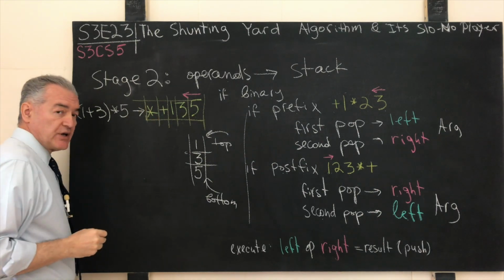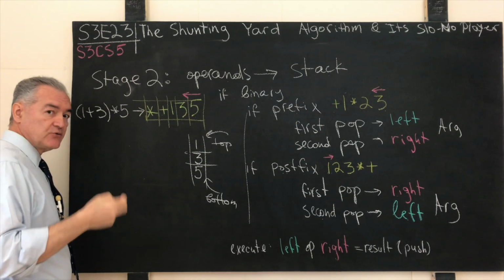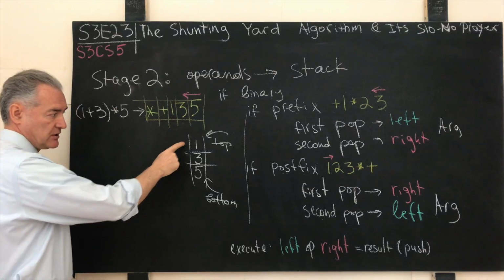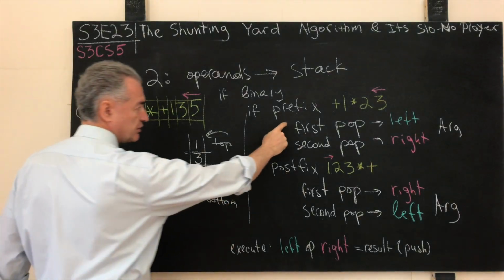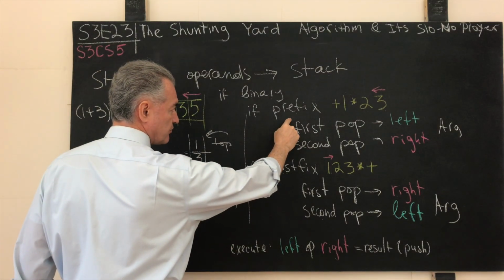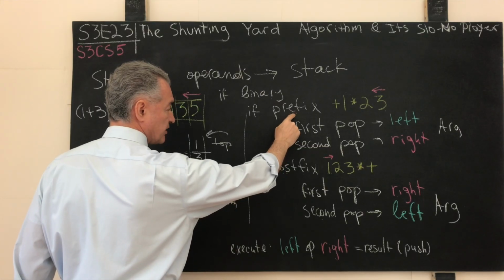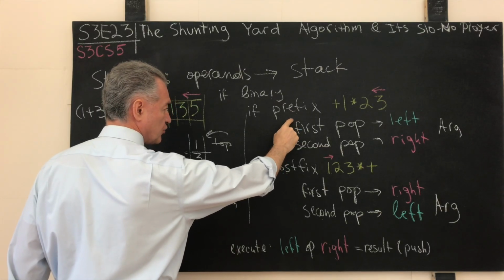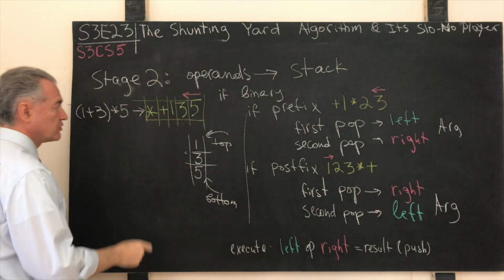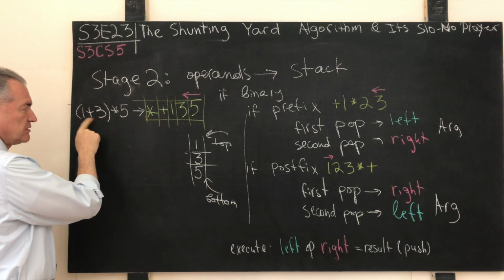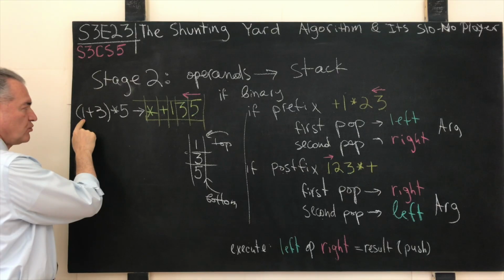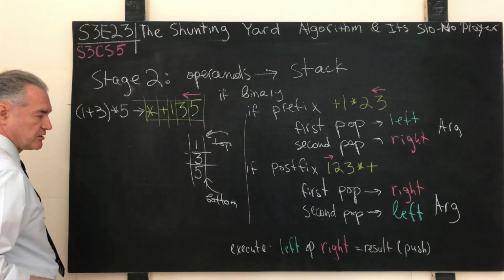Next token, it's an operator. What type of an operator? Binary. That means that we have to pop 2 arguments from the stack. Remember that according to our algorithm, if the precompiled notation is prefix, then the first pop produces the left argument. Is that the case? Well, evidently in the infix notation, 1 is the left argument, 3 is the right argument.